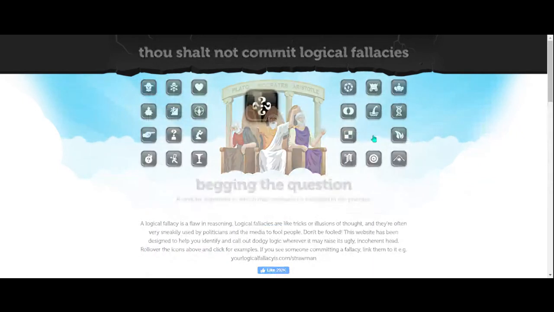All right, the other one we're going to look at is the begging the question fallacy. When we're begging the question, you're presenting a circular argument in which the conclusion was included in the premise.